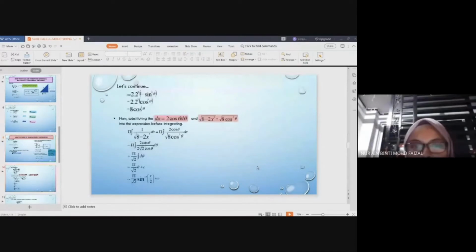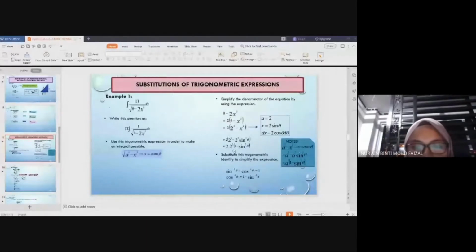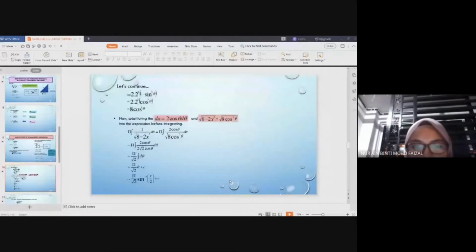You see here, the previous slide, 2 times 2 squared times 1 minus sine squared theta, and you substitute the trigonometric identity into the 1 minus sine squared theta, and you will get 8 cos squared theta.